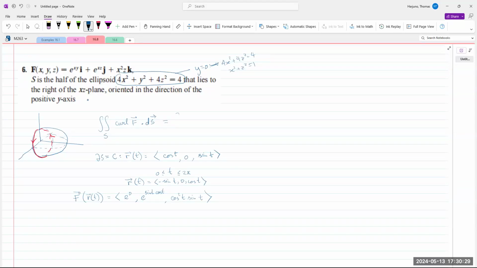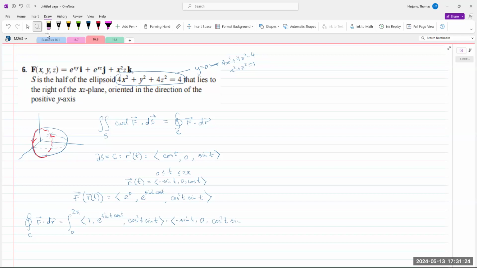Now this is the integral over closed curve C of f dot dr. It now becomes the integral from 0 to 2 pi of 1, e to the sine t cosine t, cosine squared t sine t, dot negative sine t, 0, cosine t. Wait, what am I doing?